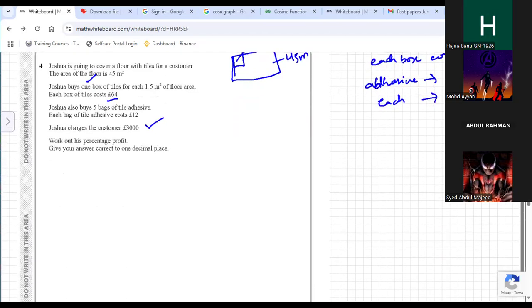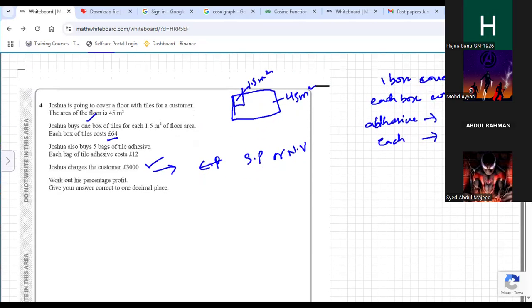So that means the cost price he spent. No, the selling price he has taken from the customer. I can call it the selling price, what he charged to the customer. It's a very simple problem actually, but in this problem, you have the unitary method as well.